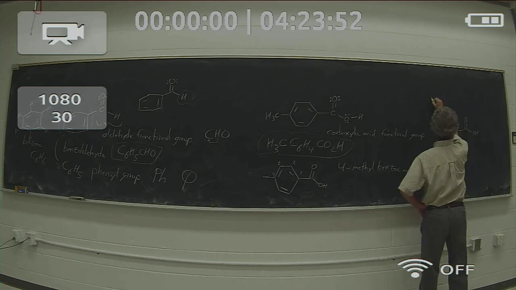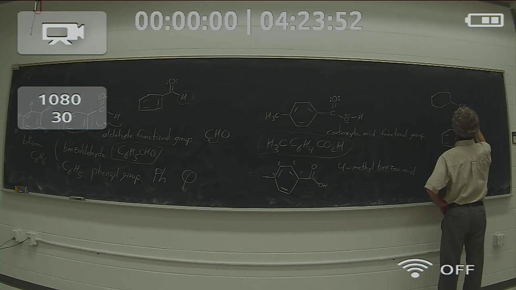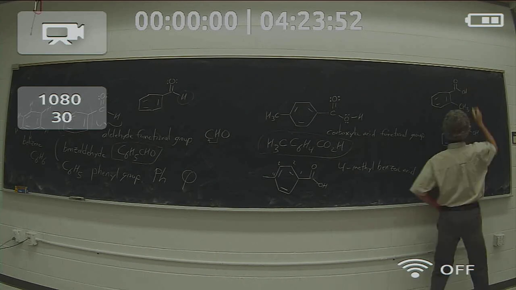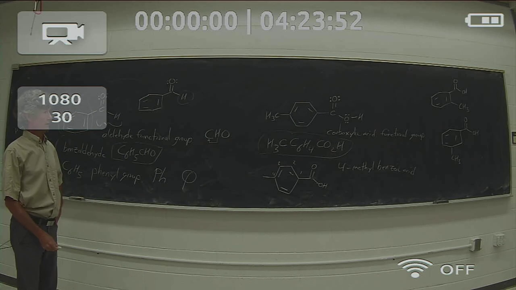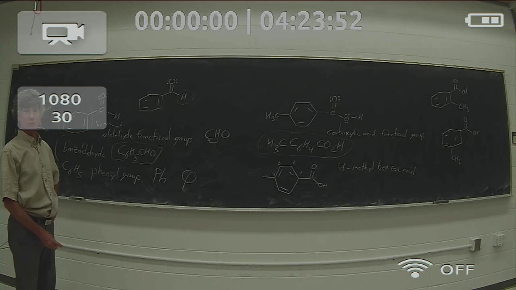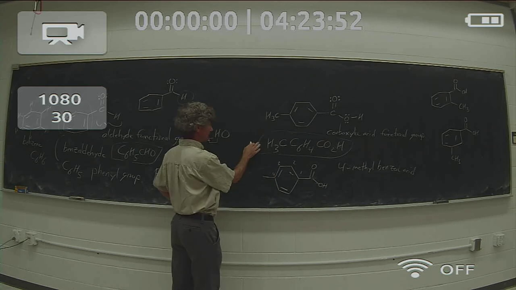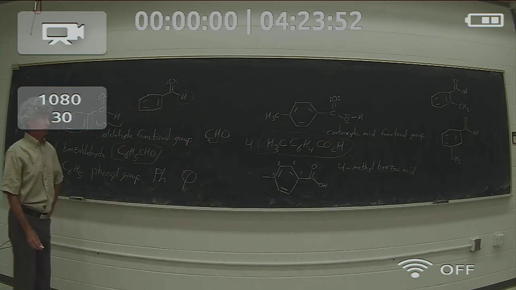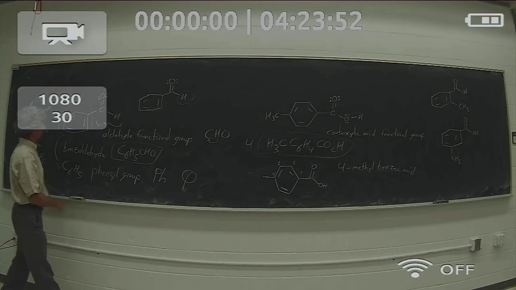Those both have the same structure. So 3-methyl and 2-methyl benzoic acid have the same condensed forms, H3C, C6H4CO2H. So I would actually have to specify that this would be the 4 position by putting a 4 in front of the condensed formula.